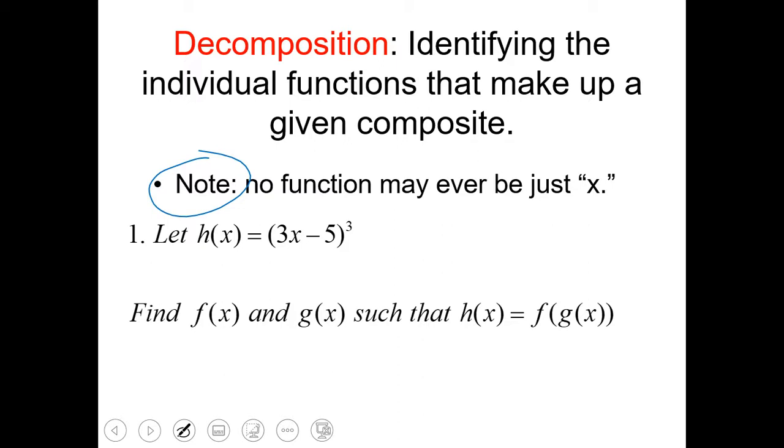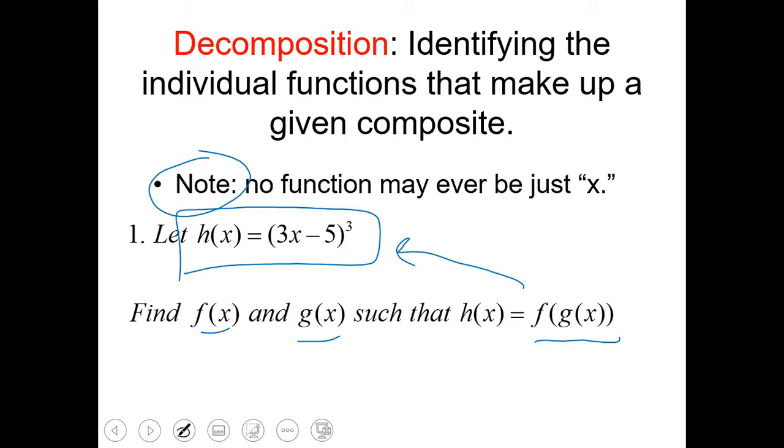So here is my function in question, h of x equals (3x minus 5) cubed. I am telling you that that was built of two functions, f and g, and I want you to tell me the order so that the g went into the f and resulted in this problem right here. So ultimately, I'm looking for an f and I'm looking for a g.